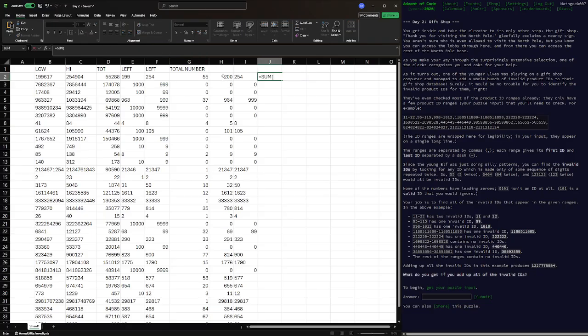Sum. We're going to do sequence. Rows is this. Columns that. Start that number. Step 1. That's the sum.